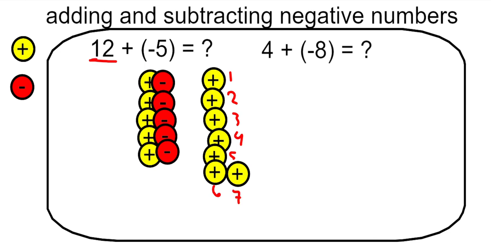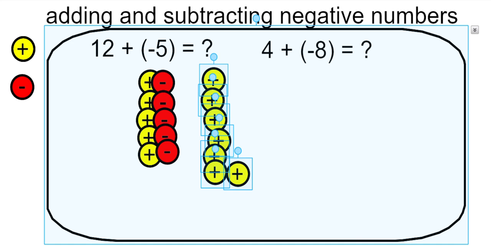So if we take the original problem, 12 plus a negative 5, that is going to give me a total of 7. Is that 7 positive or negative? Well, we can look at the numbers we have left over, and all of those numbers are positive. So my answer is in fact positive.